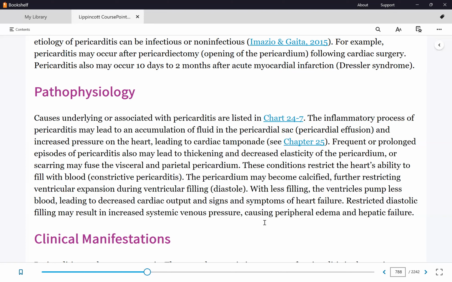It occurred 2 weeks or longer after the heart attack. We call that Dressler syndrome. Clear? Okay, so those are the 4 frequent causes. There are other causes, but most of the time, it's a heart attack, 2 weeks after a heart attack, lupus, or infectious cause.